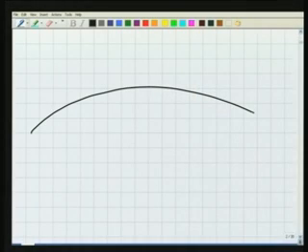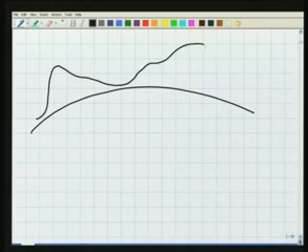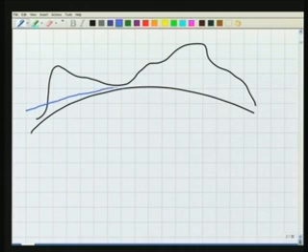Well, if I take a little part of the earth here, there are some features over the surface of the earth. What I do, I draw a tangent at any point. For example, let us say here I draw a tangent to the surface of the earth.